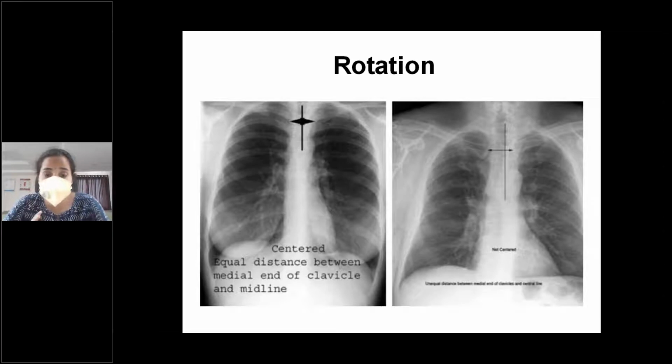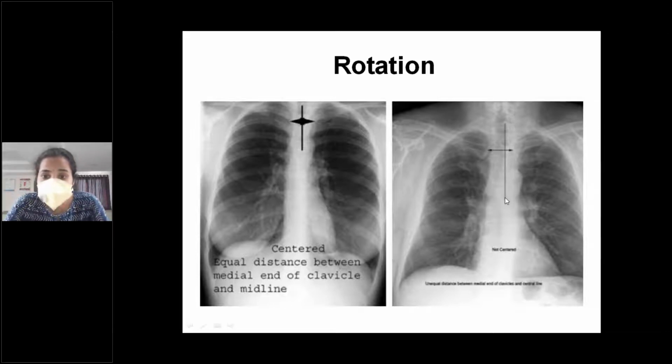That difference should be crystal clear, and we should be able to point that out. Another parameter where there can be a technical error that can lead to misinterpretation of a pathology is rotation.